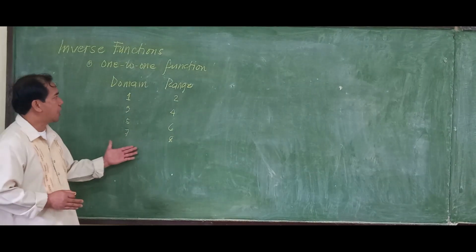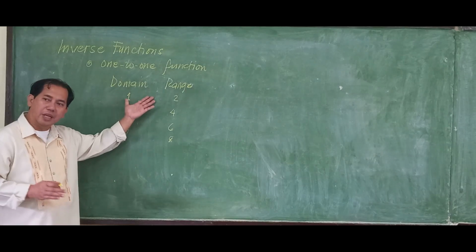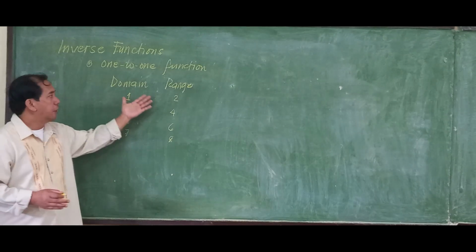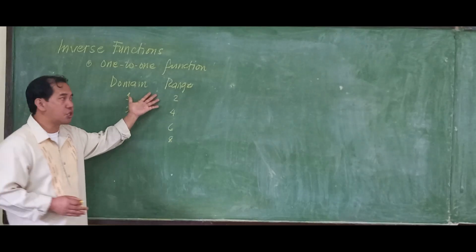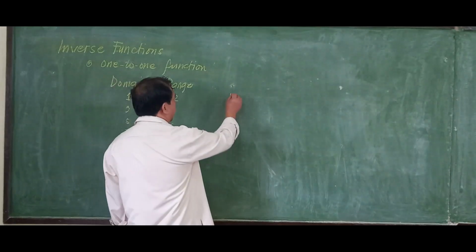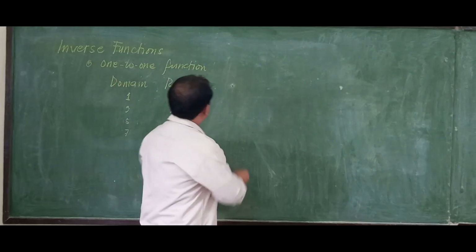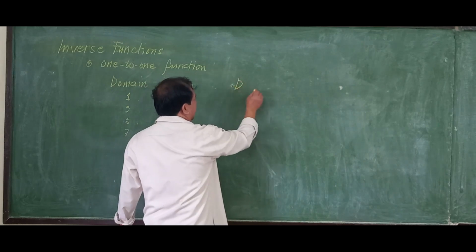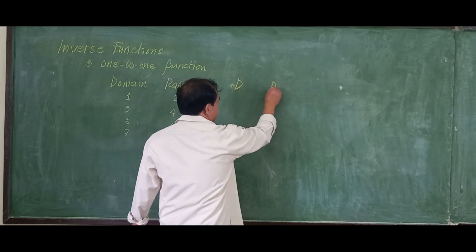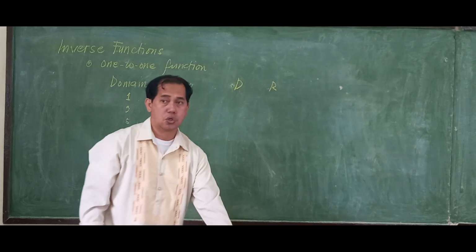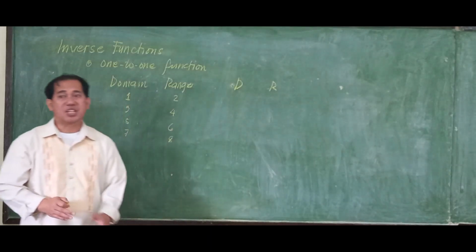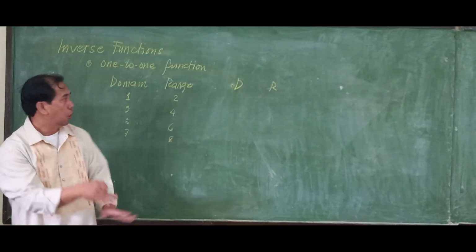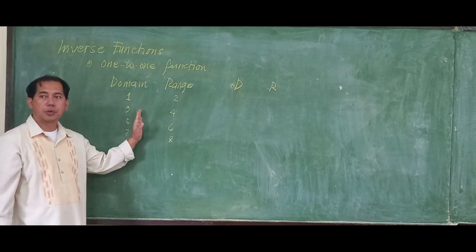Now, if we say this is considered to be our original function, what must be its inverse? The inverse of this one, the domain and the range, is actually the reverse of the original function.